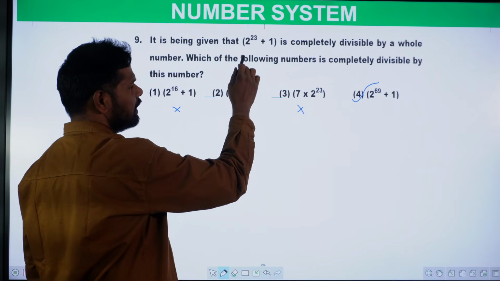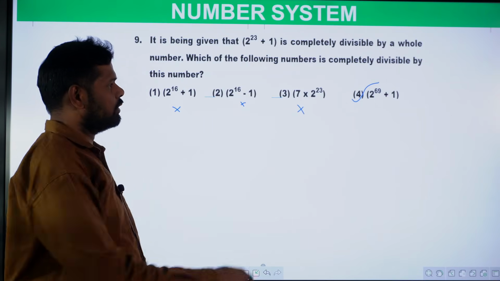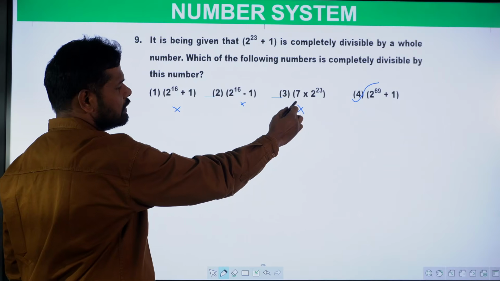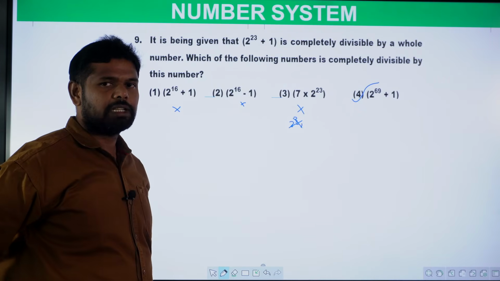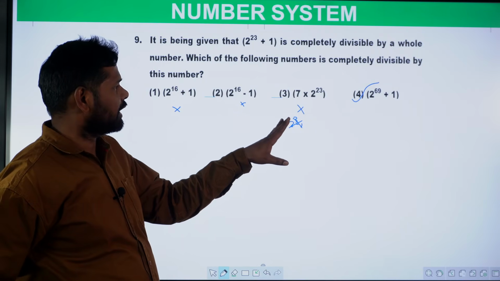That 7 is not exactly 2 cubed minus 1 here. We don't know whether it is divisible by 2 cube minus 1 or not. So 2 power 23 minus 1 is 100% not divisible by 2 power 23 plus 1.